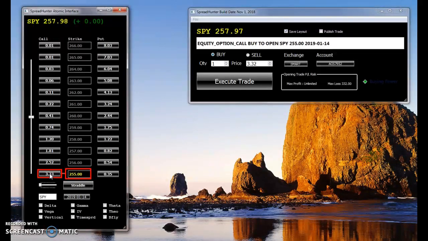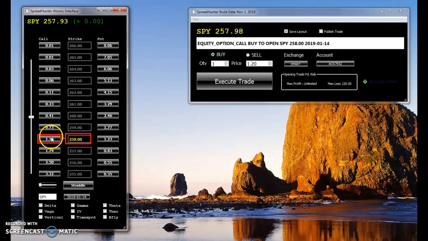If you go to the at the money call, the 258, you can see that it's now 9 cents higher than the price of the underlying, which means it has no intrinsic value. You are paying for $1.17's worth of premium for expiration on the 14th, which is Monday.